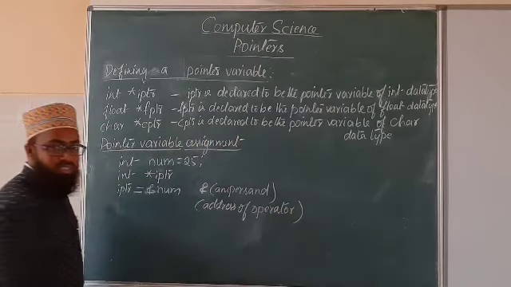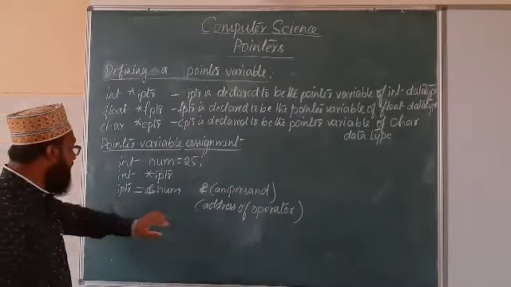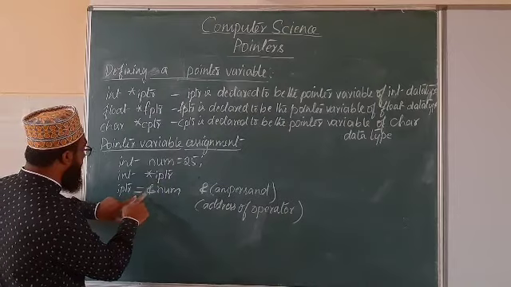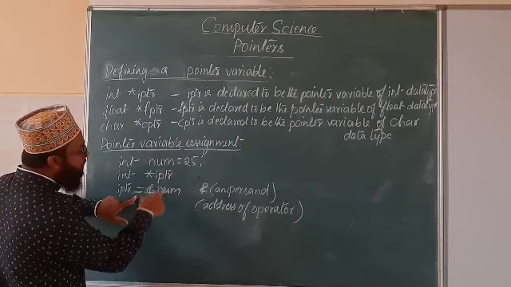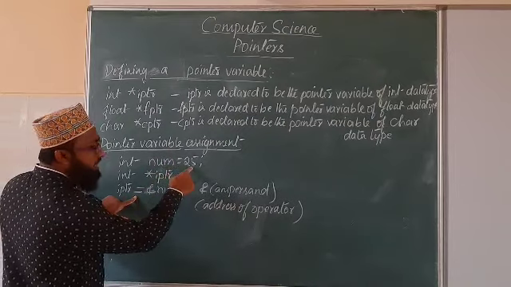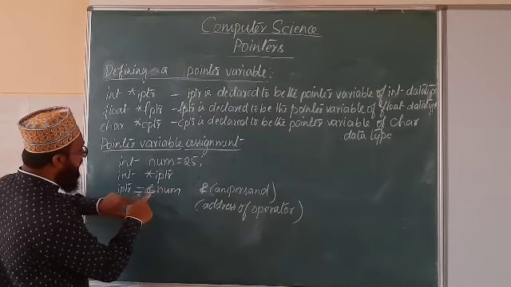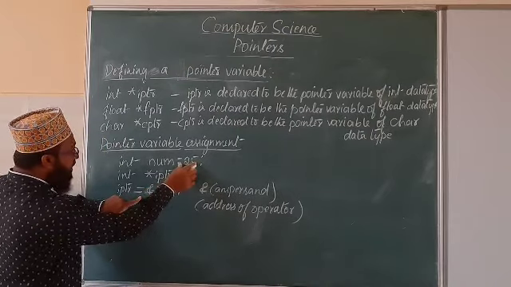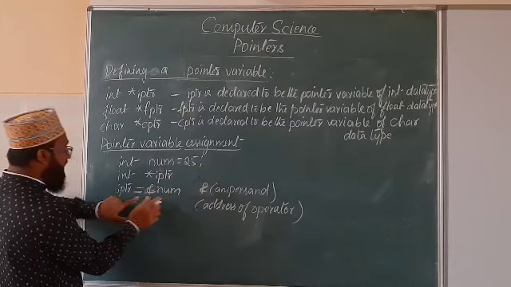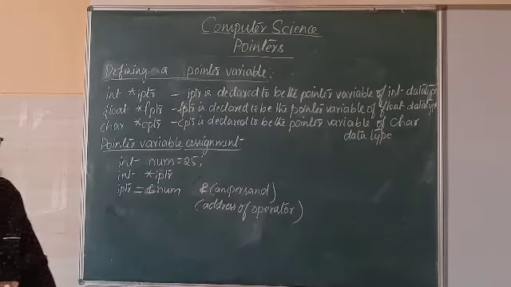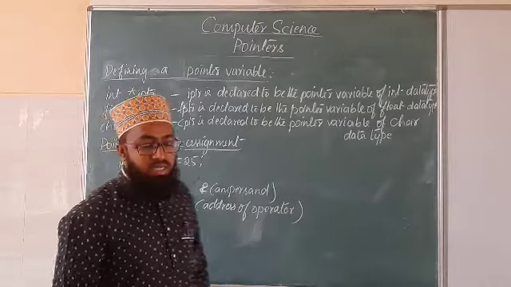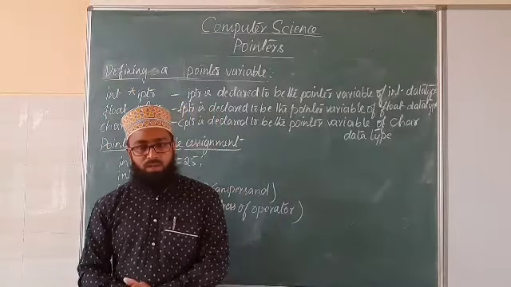Later we will discuss the address of operator in the same chapter. So here IPTR is equal to address of num. It means the value of num, that is 25, is assigned to the pointer. Like this we have to assign a pointer variable.